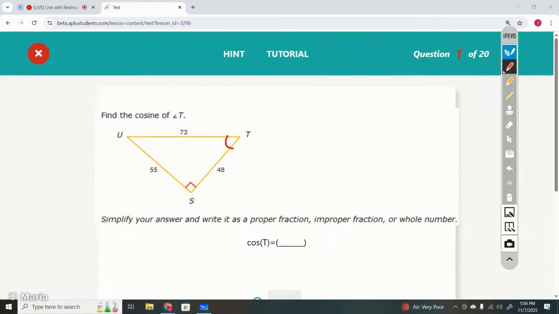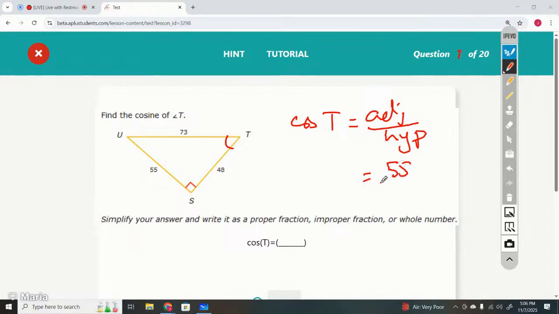So cos of angle T equals adjacent divided by hypotenuse.